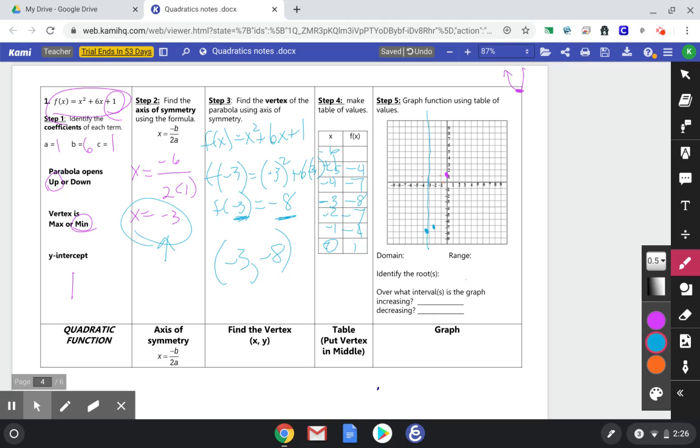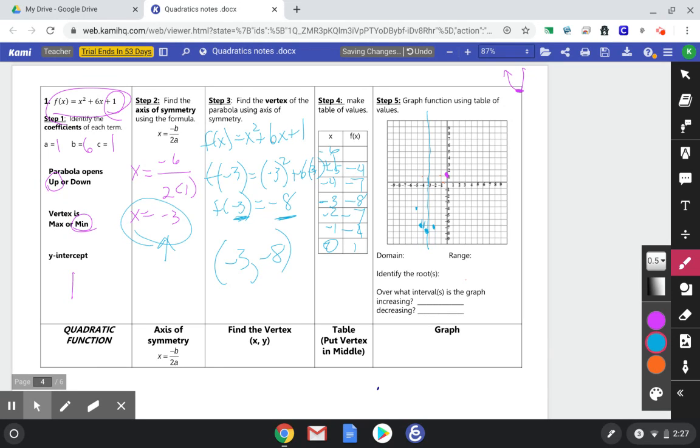I also have -4, -7, and it's symmetrical, so it's easier to go back and forth plotting your symmetrical points. -3, I already did that one. -4, -7, just did that. -5, -4, right there.